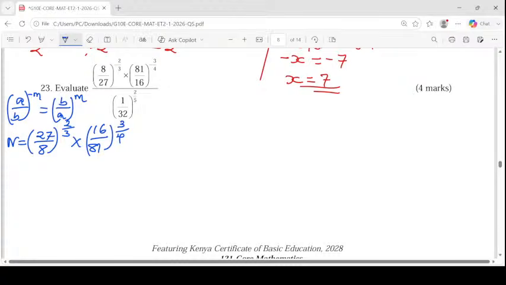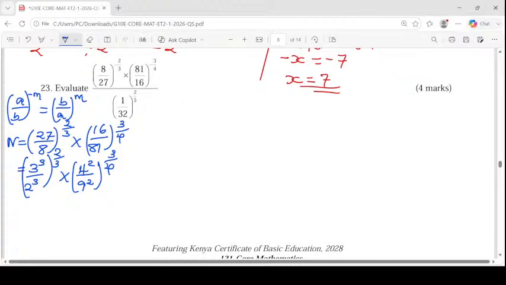So 27 can be written as 3 cubed over 8, which is also 2 cubed. The whole of this to the power of 2 over 3 times 16 over 81.